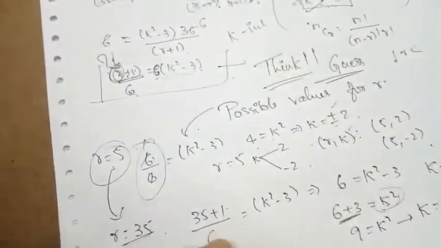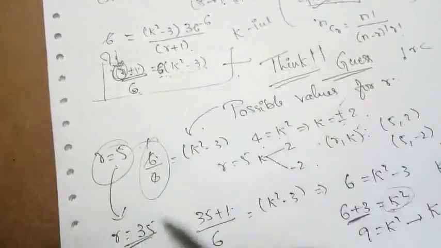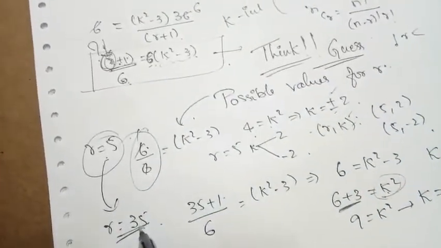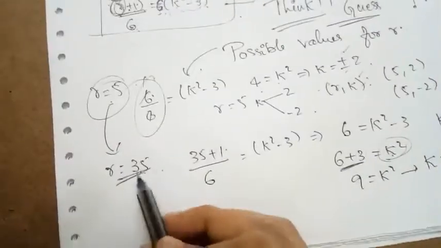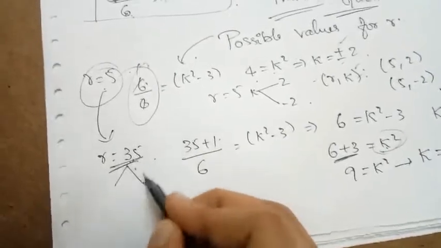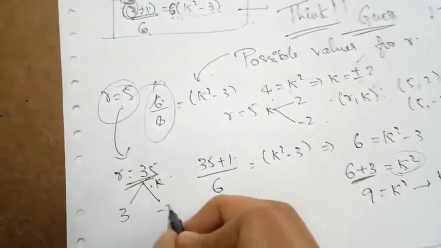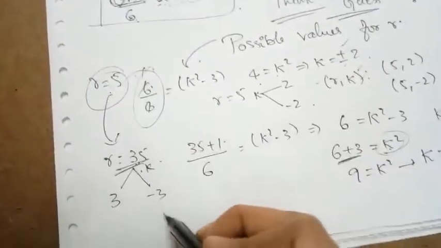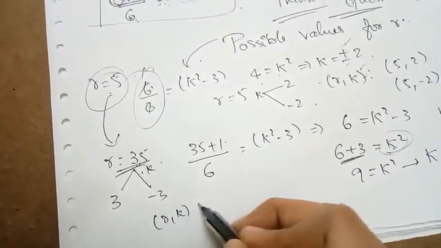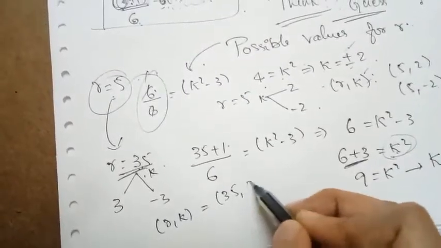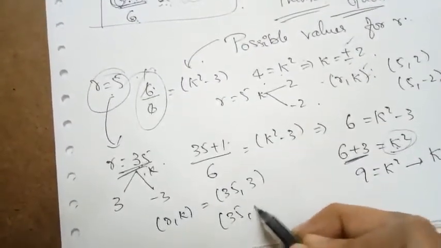So the next value which satisfies all the terms and conditions is R equal to 35. When R is equal to 35, we get two values of k, plus 3 and minus 3. In R comma k form, the two possible ordered pairs are 35 comma 3 and 35 comma minus 3.